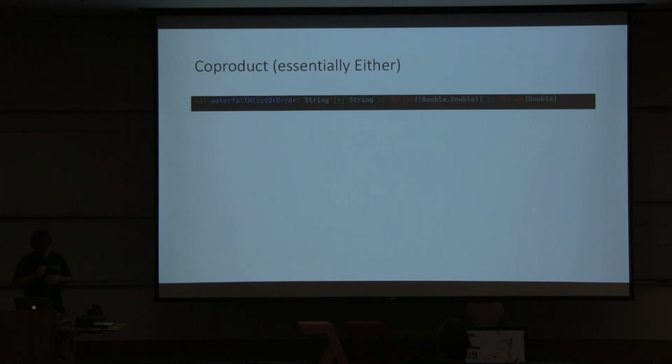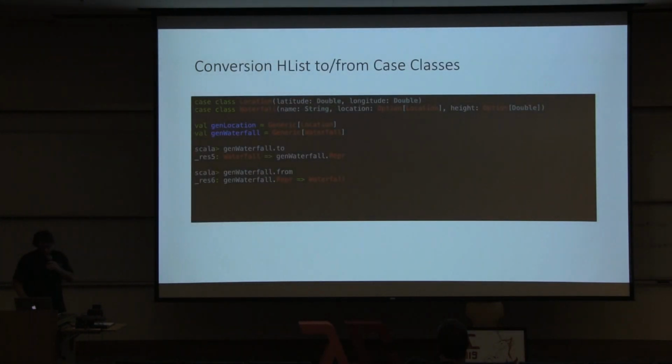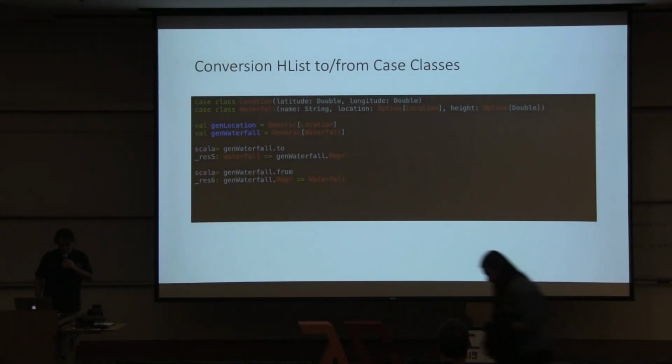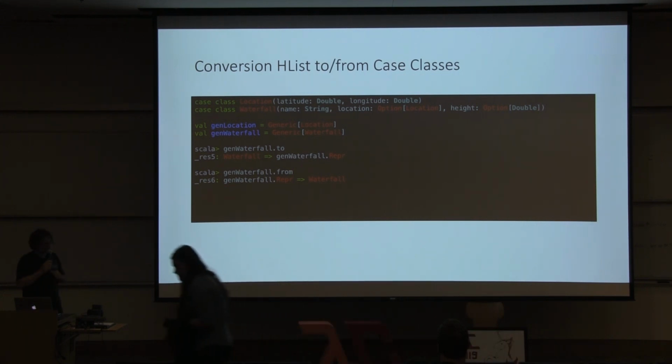So also it provides a coproduct, and I actually did not ever get to implement this in the Bones library, but this would allow for us to do some sum types. Okay, and what HList also does is automatically generate functions to and from our HList class to our case classes.